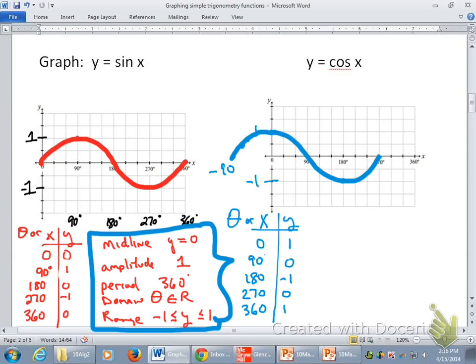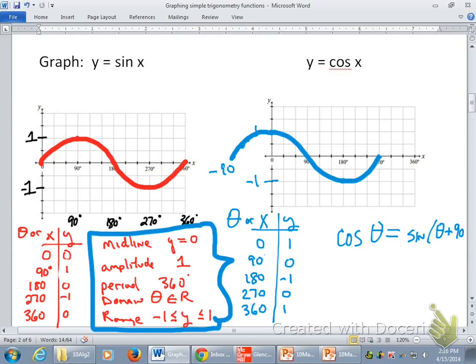And that's something we need to know. We need to know that the cosine graph, the cosine of theta, is exactly the same as the sine of theta if you move the sine of theta which direction? To the left 90. How do you move it to the left 90?